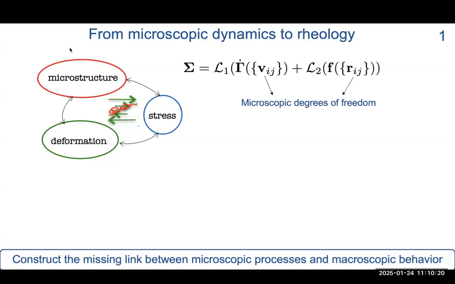And so the general idea is that if I think in terms of stresses, this capital sigma here, I hope you can see my cursor. So if I think in terms of stresses that I can try to build from the microscopic degrees of freedom that I use to describe my system, I can think that there is a contribution to the stresses that comes, for example, under flow from relative velocities of different parts of the material, which is subjected to the flow, and it's related to the flow rate.